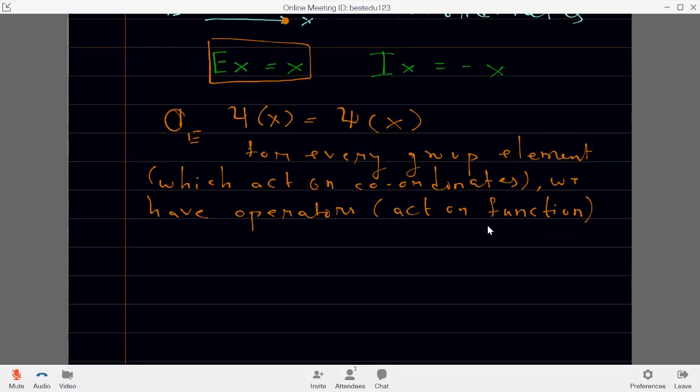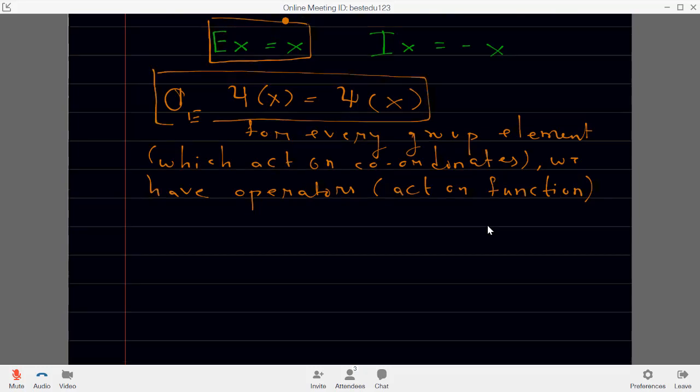Okay, so if I consider another function, say psi of minus x, and O_E acts on psi of minus x, what do I get? I'll get the same, psi of minus x. Okay, so now consider the basis.